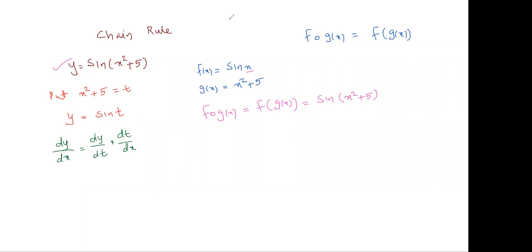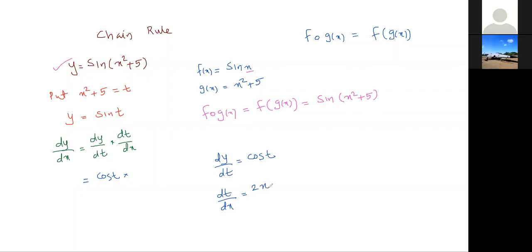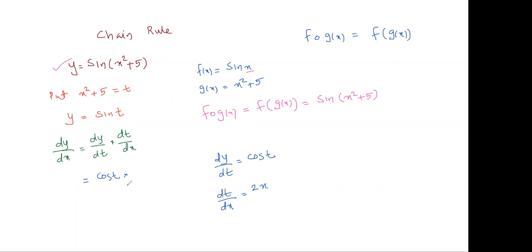Now dy by dt, the derivative of sin t with respect to t, is cos t. So cos t into dt by dx. Here t is equal to x square plus 5, its derivative with respect to x: the derivative of x square is 2x, plus the derivative of 5 is 0, so it is 2x only.